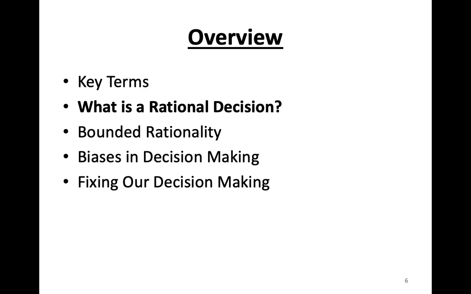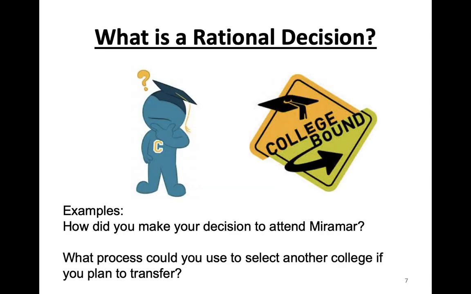Okay, so what exactly is a rational decision? Well, one way to think about it is you might start by thinking about your decision to attend college, and specifically what process you use to decide to take classes here at Miramar. Alternatively, perhaps some of you are considering transferring one day to another college.